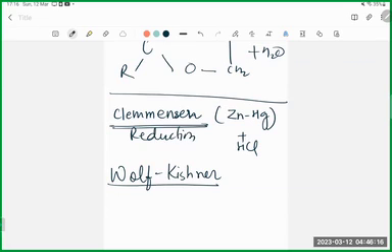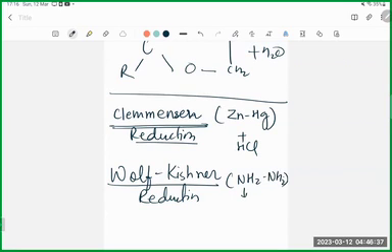In the Wolff-Kishner reduction, we use the reagent, if you remember, from the one reaction we have done, the ammonia derivative. I'll take you through the chart after finishing this. Okay. So the hydrazine is taken. This is called hydrazine, right? It is hydrazine.